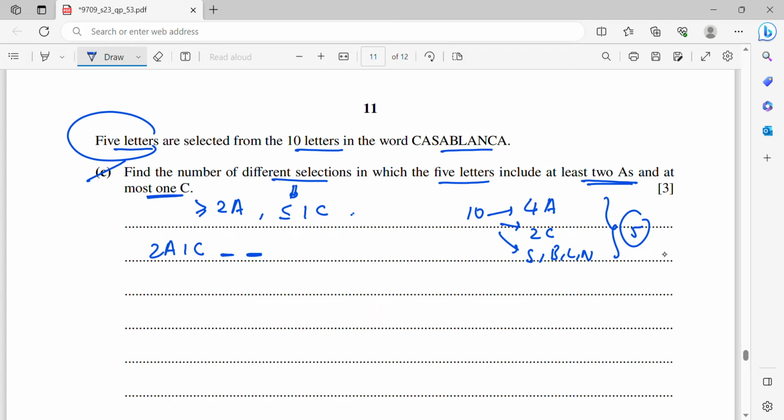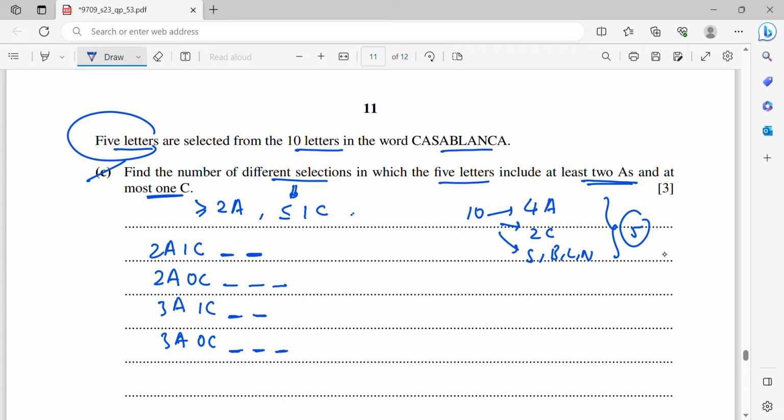Because maximum 1 C, if I only have 2 A's and 0 C, it means that now I need to choose 3 letters. Now probably I choose 3 A's, 1 C, 2 letters. Then 3 A's, 0 C, then I have to choose 3 letters.